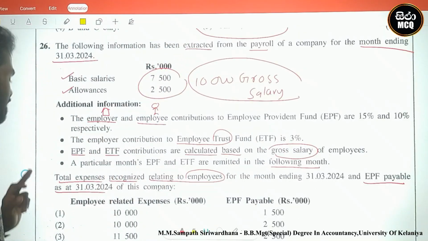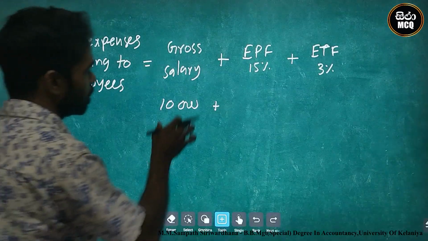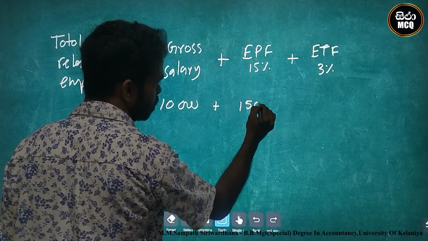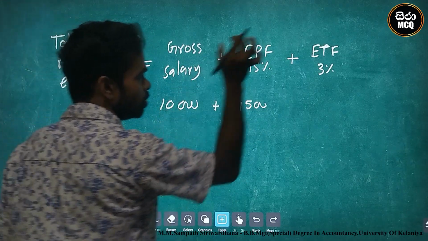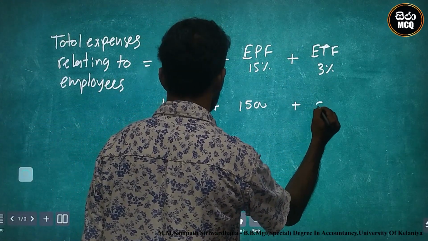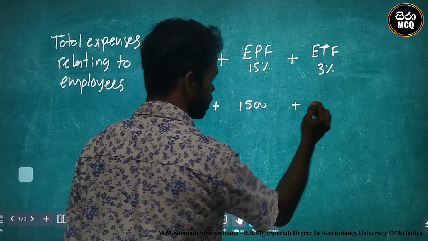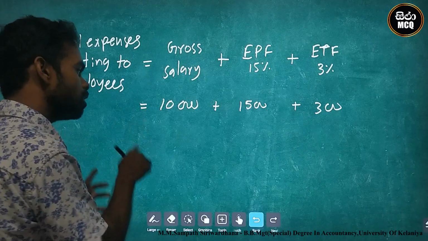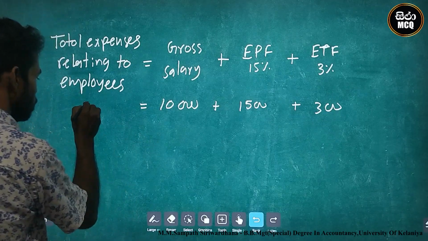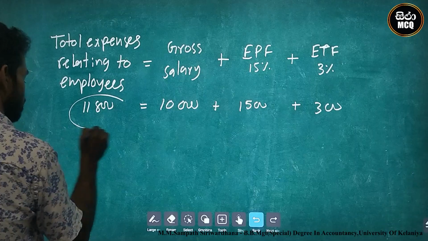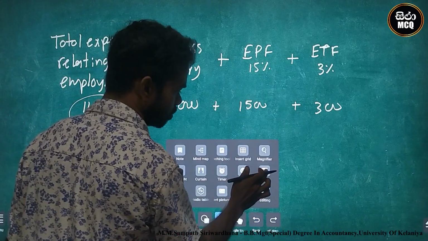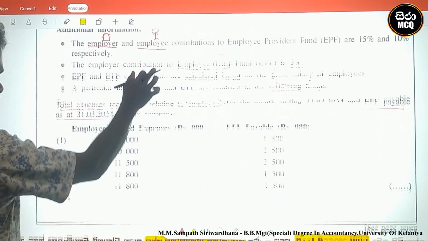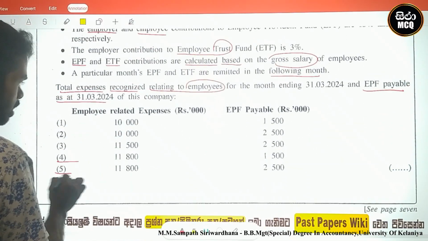Therefore, we can easily find the 15%. 10,000 into 15% is 1,500. 10,000 into 3% is 300. Therefore, the total expense related to employees is 11,800. Total employee expense is 11,800. That is the first answer.